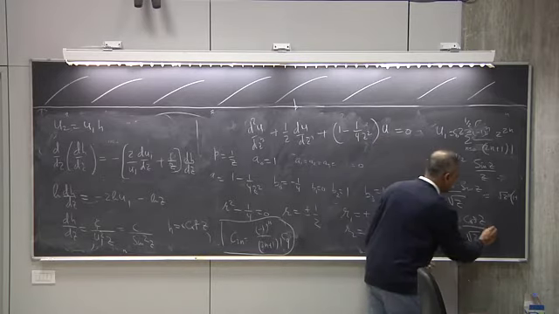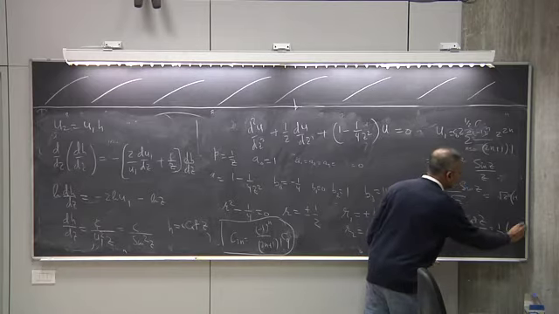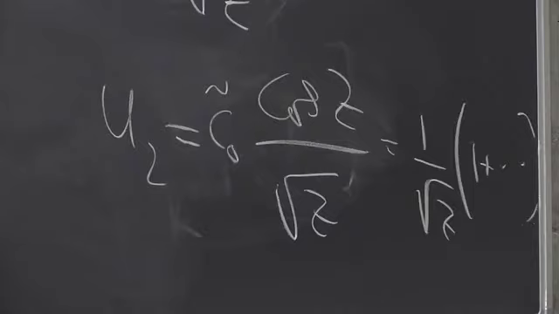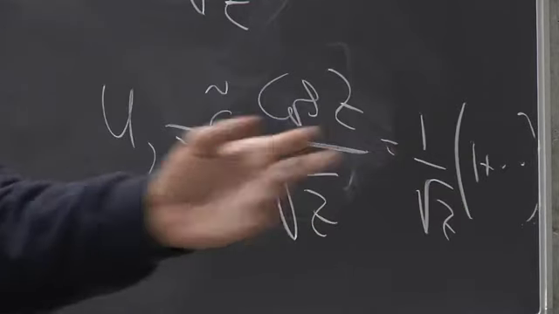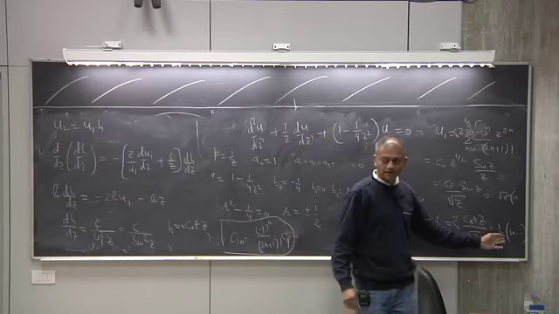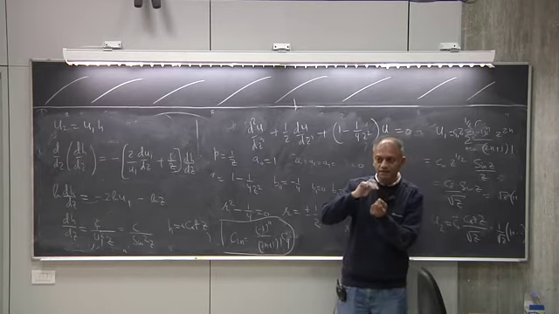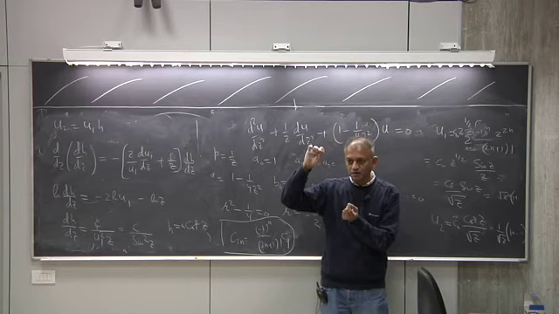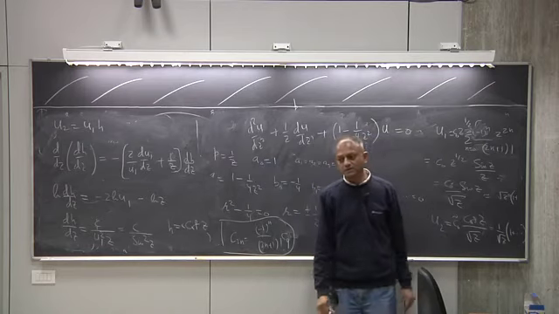So this will be 1 over root z times 1 plus integer power expansion. But that's what you expected because R1 is plus half and R2 is minus half. So this is z to the R1, z to the R2. Right? But the point is that the second solution in general was not just that. It was this type which had a leading term controlled by power R2 plus the logarithmic term which was a different term. So in this case the logarithmic term is not there.